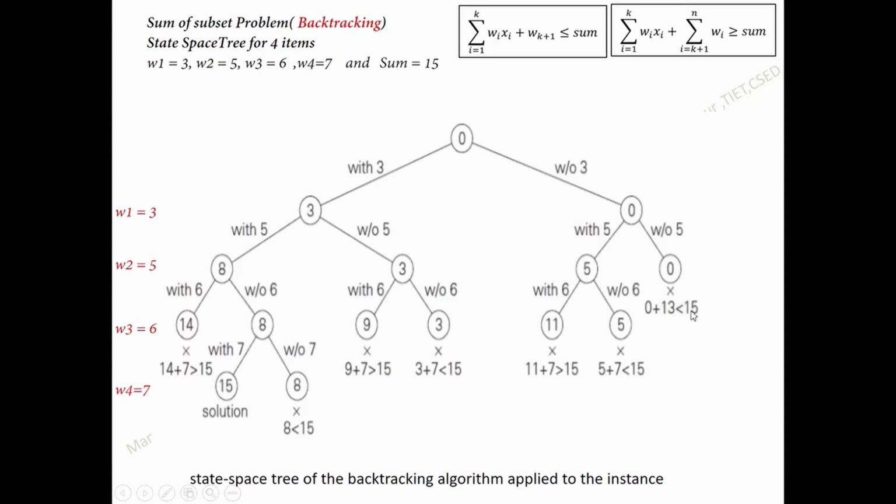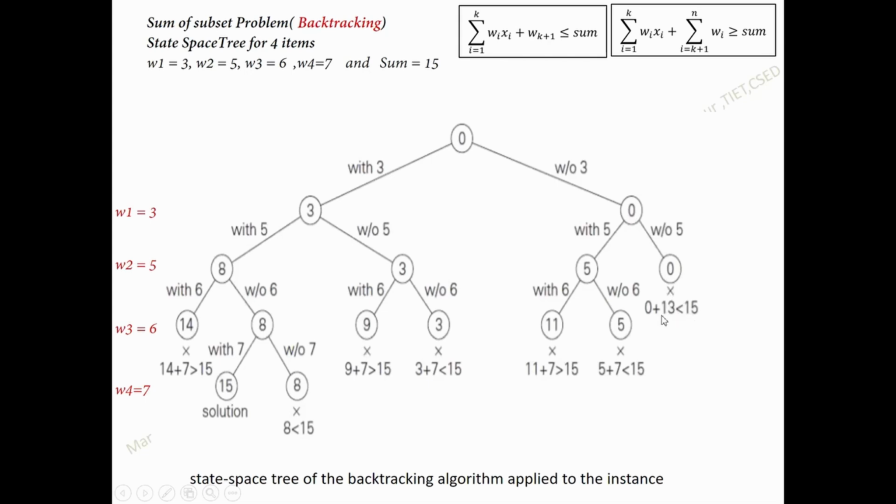This means that at some moment, if the partial weight plus the remaining weight is still not serving the purpose of finding the exact value 15, you should not continue with this node. This is a non-promising node.